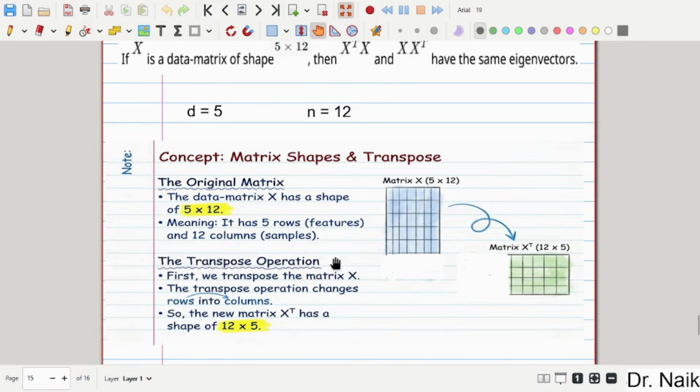The original matrix has a shape of 5 cross 12, meaning it has 5 rows, which are 5 features, and 12 columns, which are samples. The transpose of it has a shape of 12 cross 5.